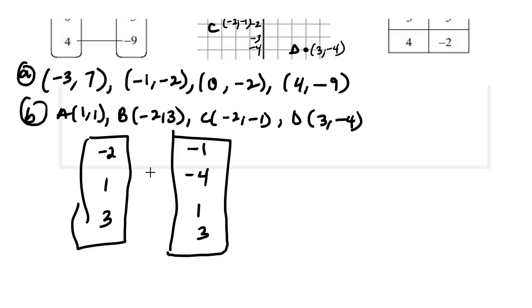So if you do the mapping, 1 to 1, then -2 to 3, right? Then let's look at it again. Then -2 to -1. Then we have 3 to -4.